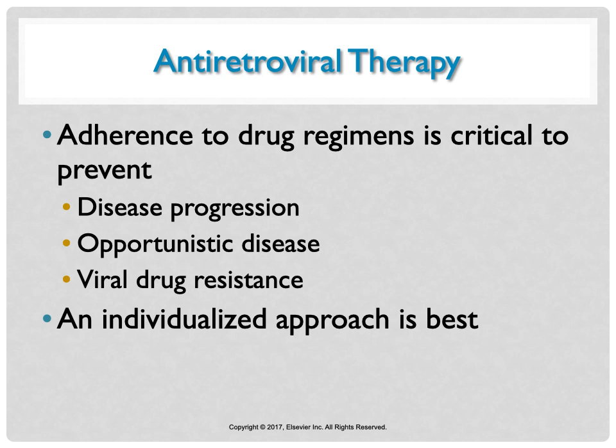Adherence to drug regimens is critical to prevent disease progression, opportunistic disease, and viral drug resistance. And an individualized approach is best. Strategies to improve adherence include simplifying the regimens. For instance, a medication that's a combination drug makes it easier because they only have 1 pill to take instead of 2.